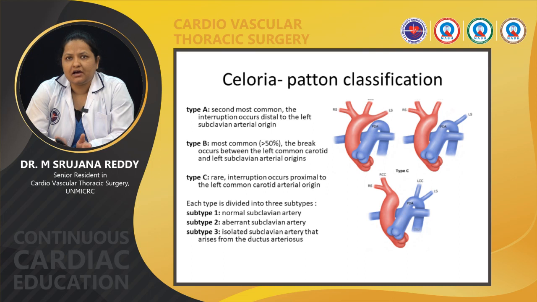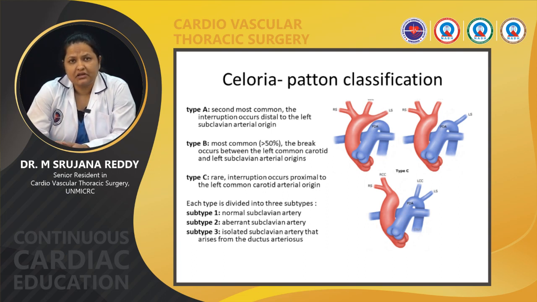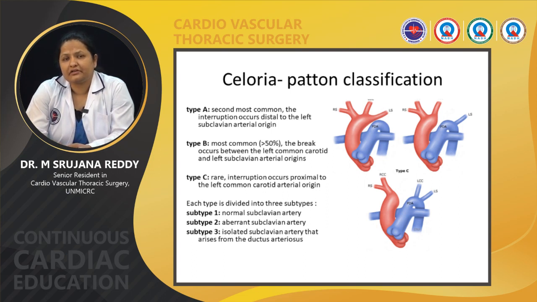Type B occurs between the left common carotid and the left subclavian artery origins, and type C, which is the rarest form, occurs proximal to the left common carotid artery. Each type has been divided into further subtypes depending on the subclavian artery origin. Subtype 1 is a normal subclavian artery, subtype 2 is an aberrant subclavian artery, and subtype 3 is an isolated subclavian artery which arises from the ductus arteriosus.